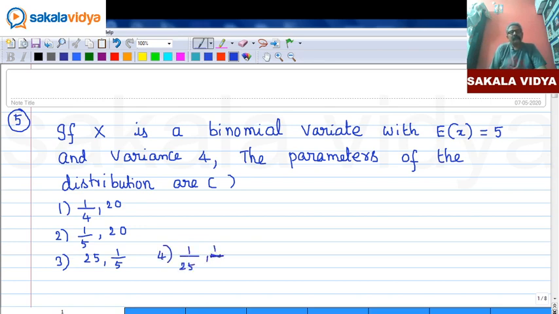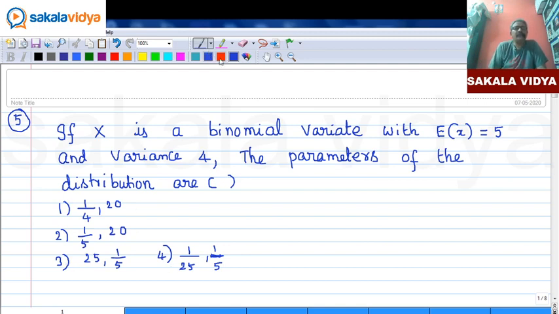See, by observing the options also we can say the answer. Here X is a binomial variate with mathematical expectation 5, meaning np is equal to 5. Here 1 by 4 into 20 is 5, so the first option is also correct. 1 by 5 into 20, second option is ignored, third option is also 5, fourth option is not at all.